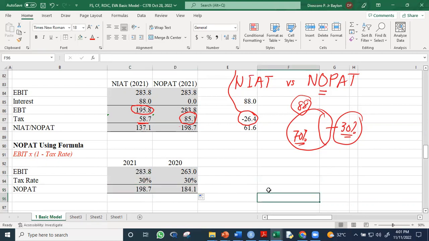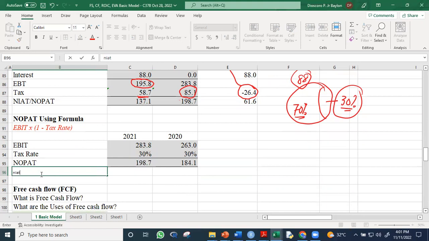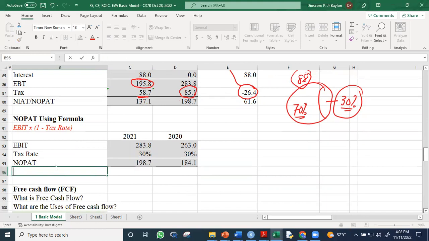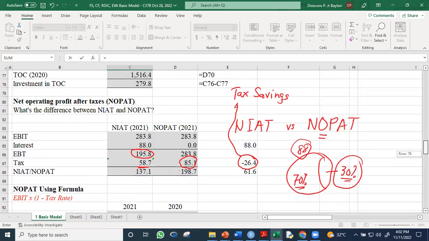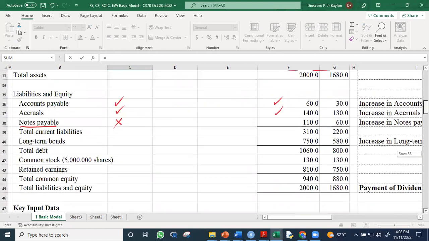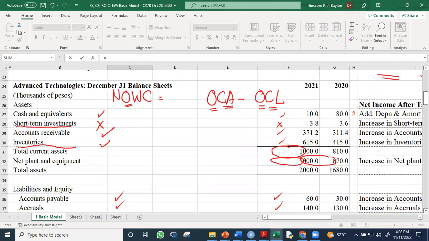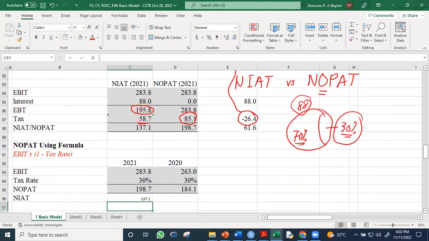Okay. So NOPAT, let's compare this with our net income after tax. So for 2021, net income after tax is, let's just copy it from here, 137.1.